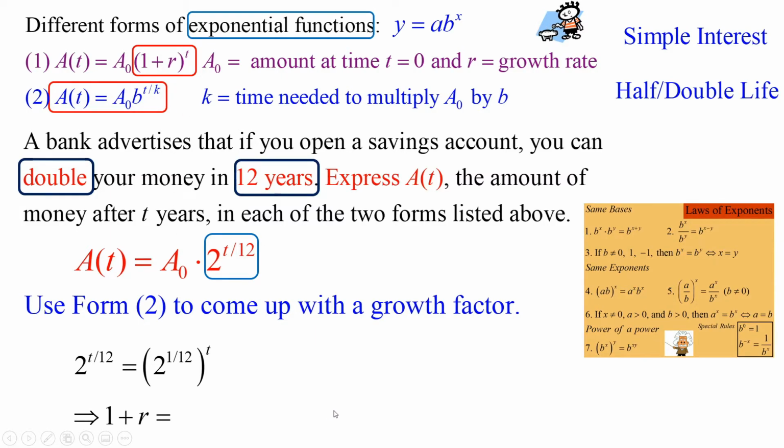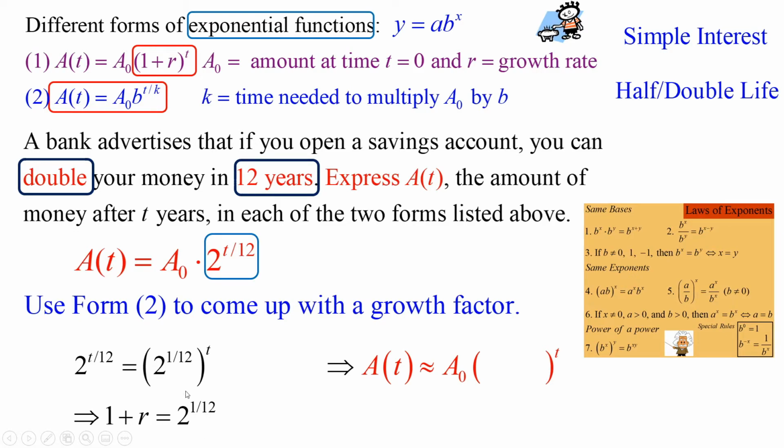So now let's just punch that out on a calculator. 1 plus r equals, well, what's 2 to the 1 over 12? I punched it out and I got A of t is approximately my initial amount, A sub 0, times 2 to the 1 over 12.